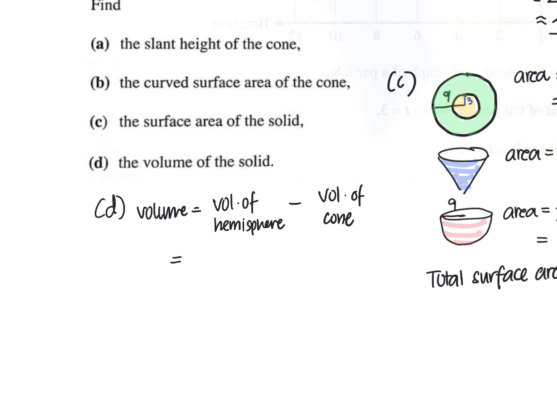Volume of hemisphere has a half, and the formula is 4/3 pi r cubed, with radius 9 cubed. Minus the volume of the cone, 1/3 pi r squared, the base area, with radius 3, times the height of the cone.